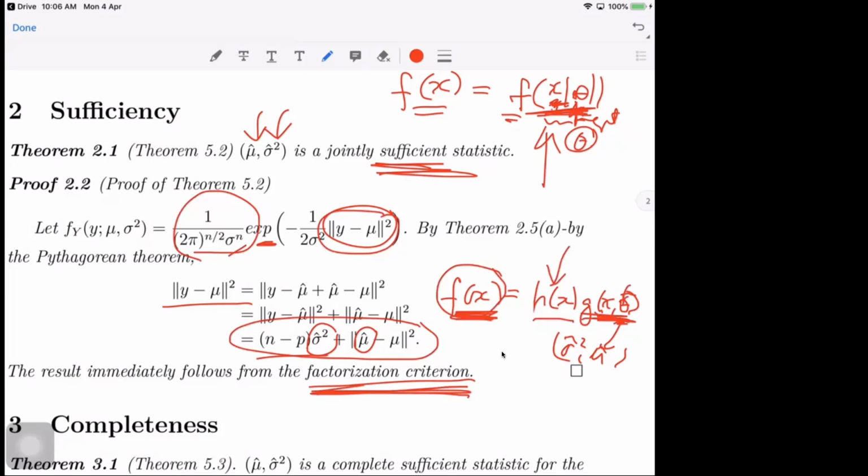Exponential, in this class, exponential of this plus this. So e to the a plus b is actually e to the a times e to the b, no? So it is a function of a and b, or a function of mu hat square and sigma hat square and mu hat. So by the factorization criterion, since we can factor it into this form, then we say that they are jointly sufficient statistics. Jointly means together, you know. So together, sigma hat square and mu hat.